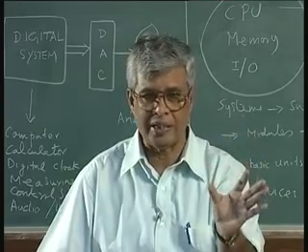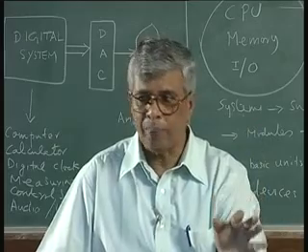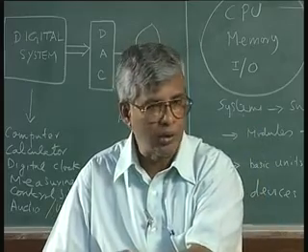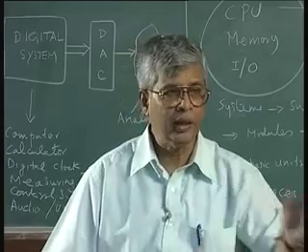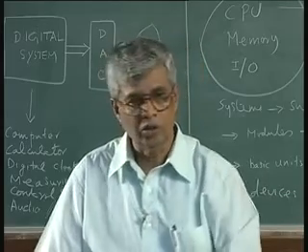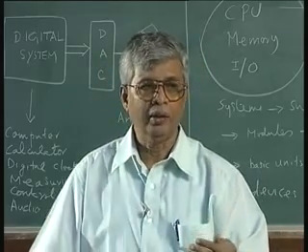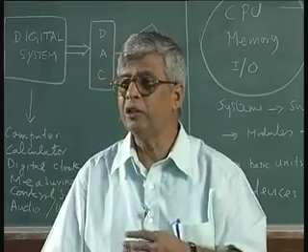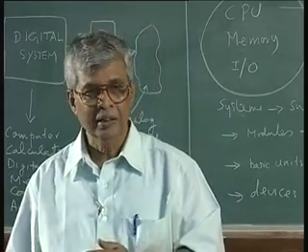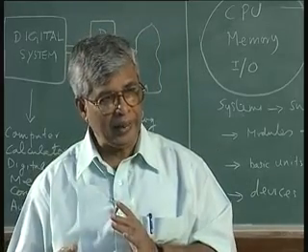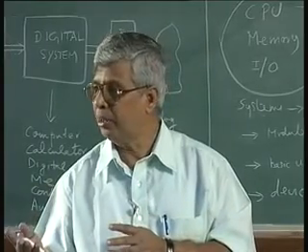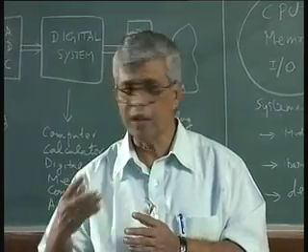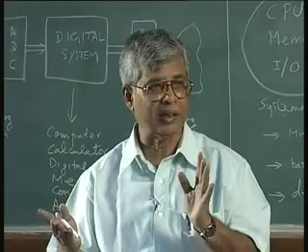That means I can have a switch. If the switch is open, no voltage is passing through, so it is a 0. If the switch is closed, the entire 5 volts is passing through, so it's 5. So I can have 2 levels. If you want 4 levels, I need 2 switches operating together. If both the switches are on, I may have one possibility. If one is on, the other is off, I may have another possibility. I have 4 combinations now.